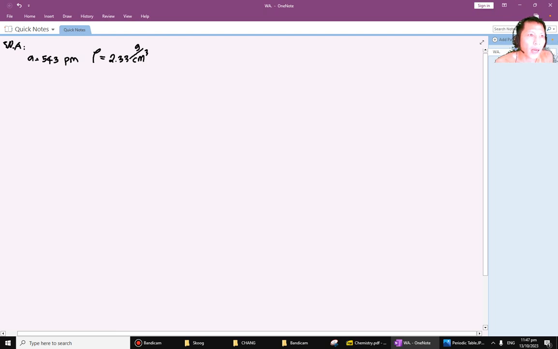If we'll be looking at the formula, of course, that would be the solution. I'll be analyzing it in terms of units, so dimensional analysis. Density is given, which is 2.33 grams per cubic centimeter.